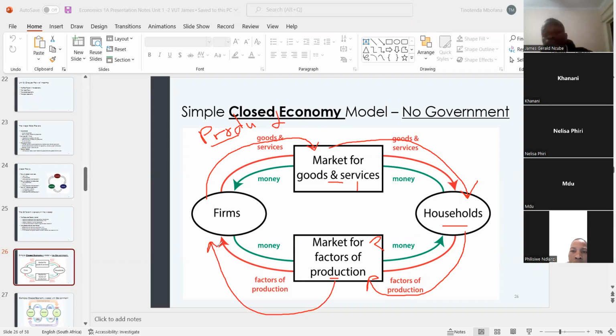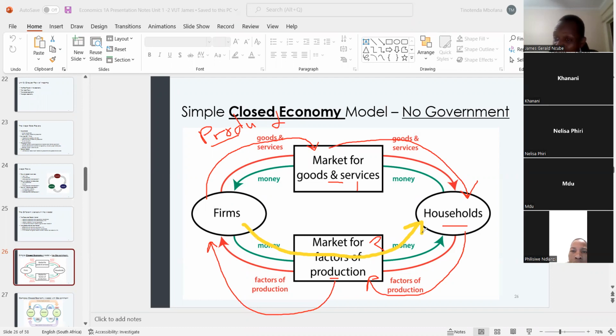But once you have produced, 2 things are going to happen. On one end, the firms are going to pay for the factors of production. We said, what are the incomes?